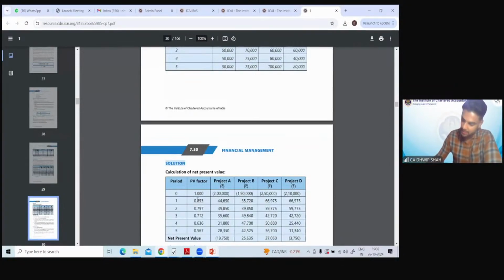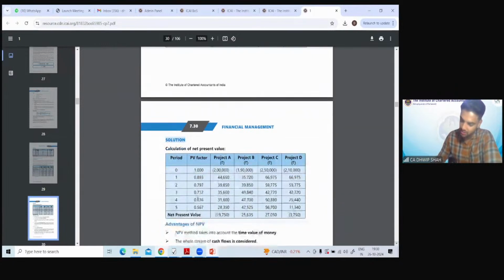You can check with the institute's answer. Since they have taken up to 3 decimals, there would be certain rounding error. So that's fine. A small difference is accepted.